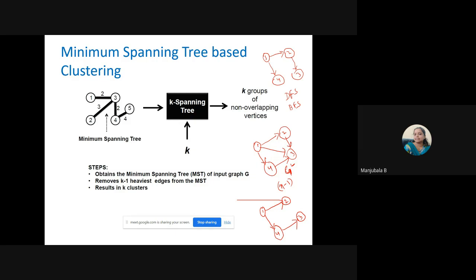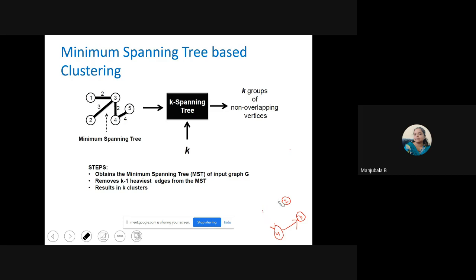Depending on the starting vertex and the order in which you visit the nodes, you will get different sets of visited nodes, so many different spanning trees. Similarly, if you apply breadth first search, you get the BFS spanning tree. So depth first and breadth first search can be applied to find a spanning tree of a given graph.